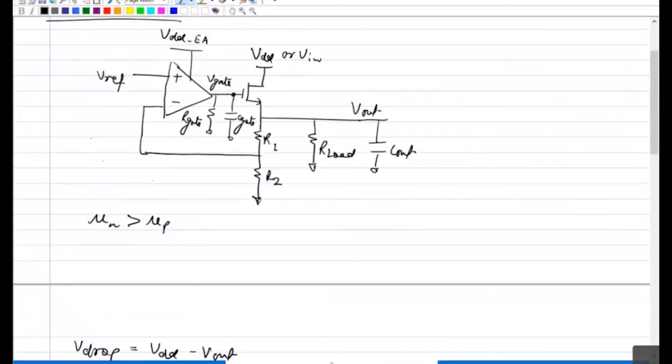So you'll be at the edge basically, which means your error amplifier will saturate at VDD, which you don't want. So it should always be greater than that.